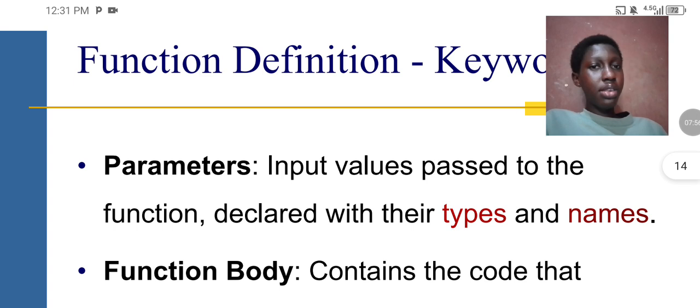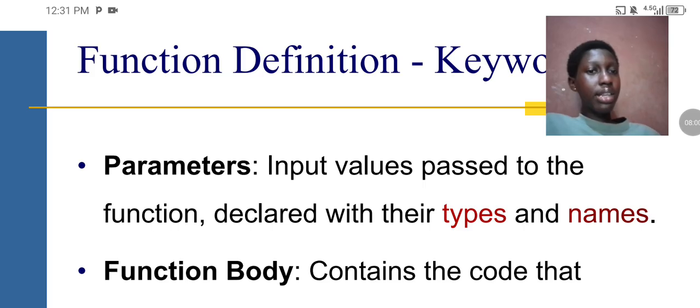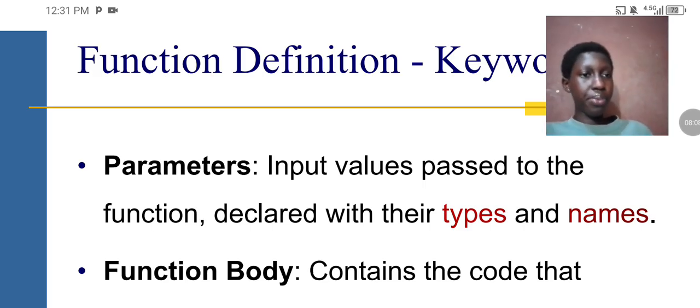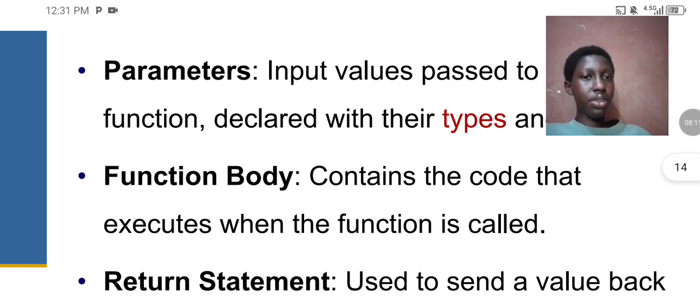We have the parameters. So these are the input values passed to the function, declared with their types and their names. We have the function body containing the codes that execute when the function is called. So when you call the function, what will be called is what is inside of the function body.